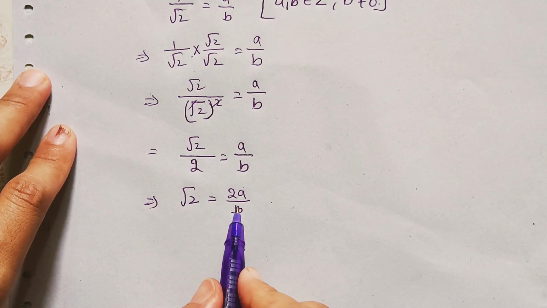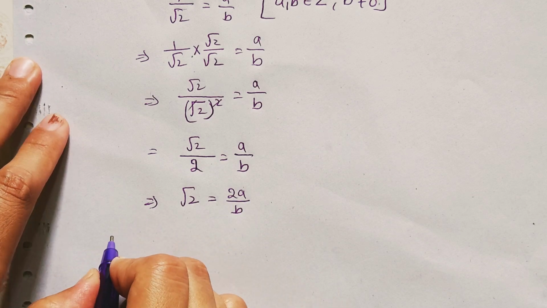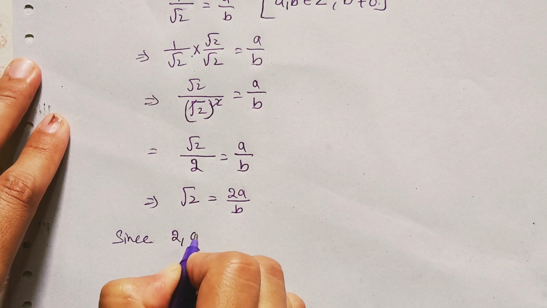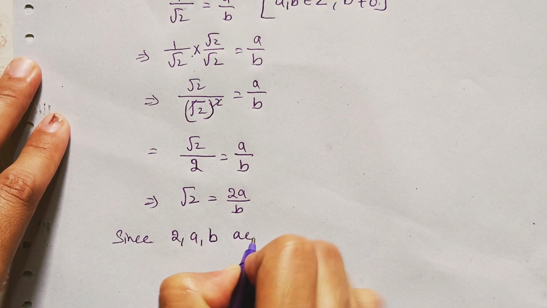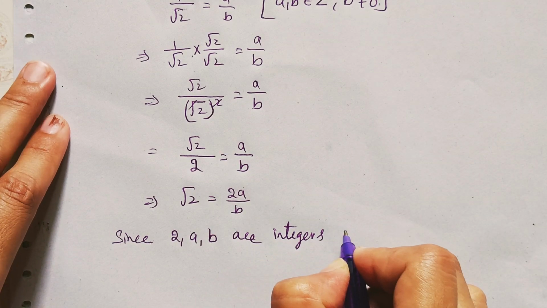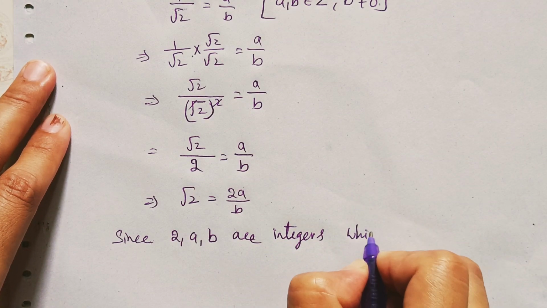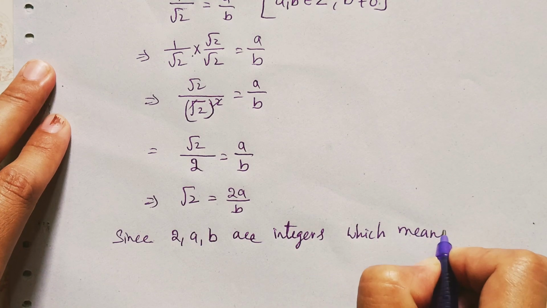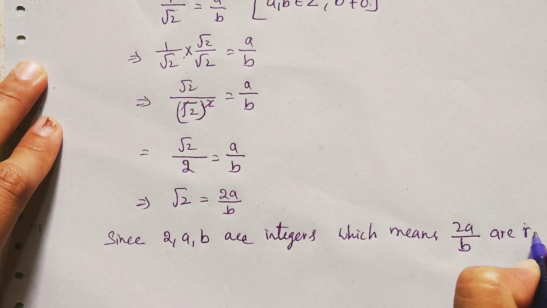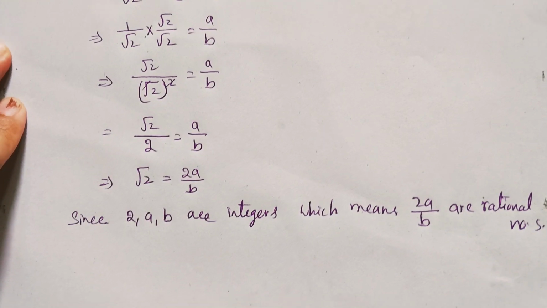If you observe this, here 2a and b are integers. Since 2a and b are integers, 2a by b is a rational number.